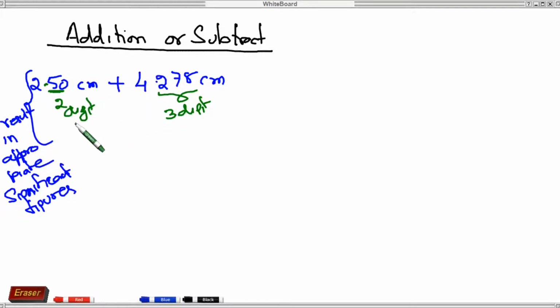our result should contain, like here it is two digits, so we will consider only the least part. So here the sum will be something like 6.775 centimeter.